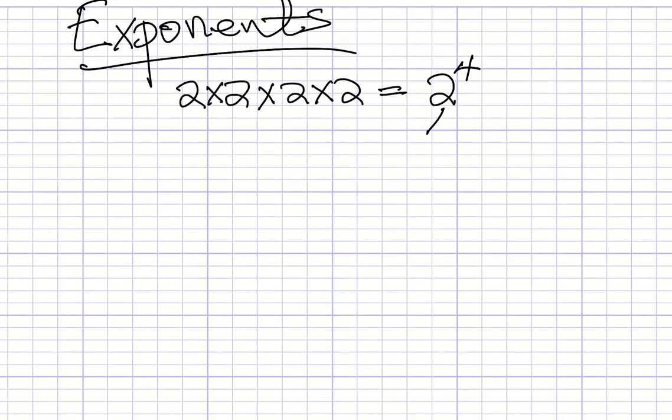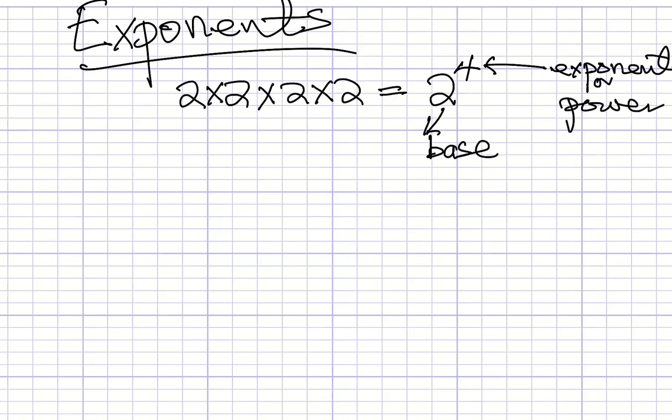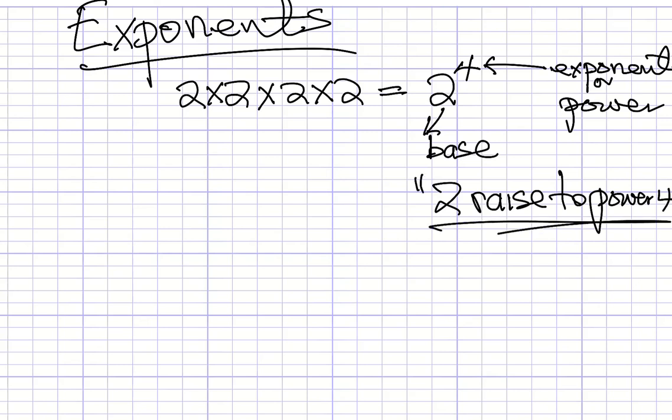The 2 here is called the base, and the number put up there on top is called the exponent. Another name for it is power. 2 raised to the power 4. That's another way to say it.